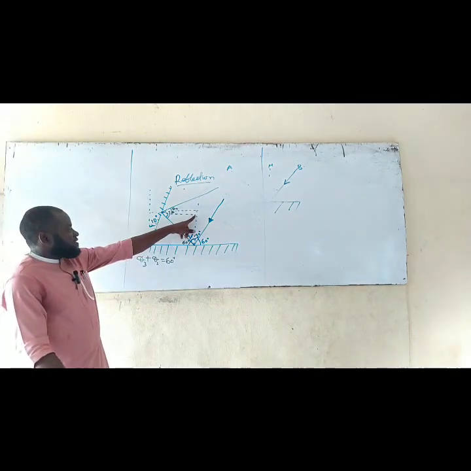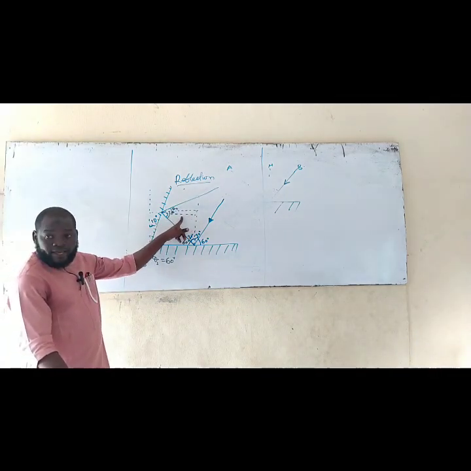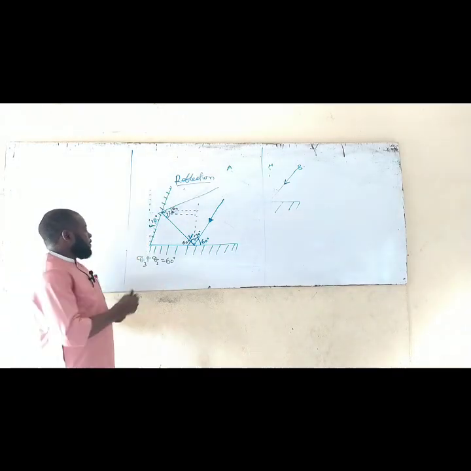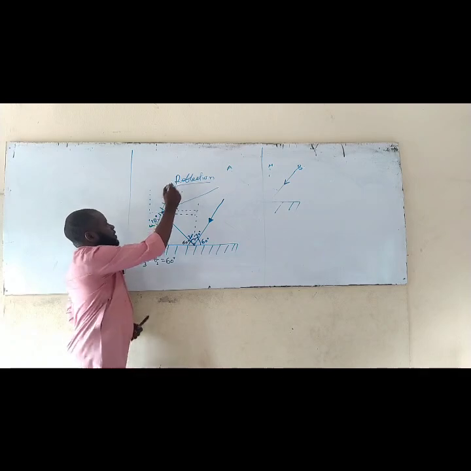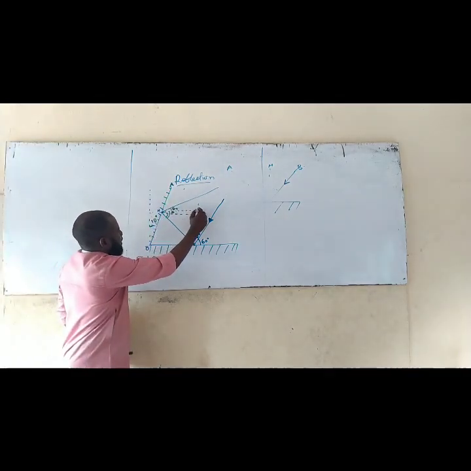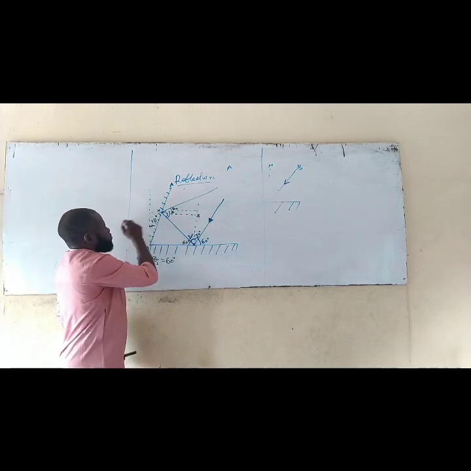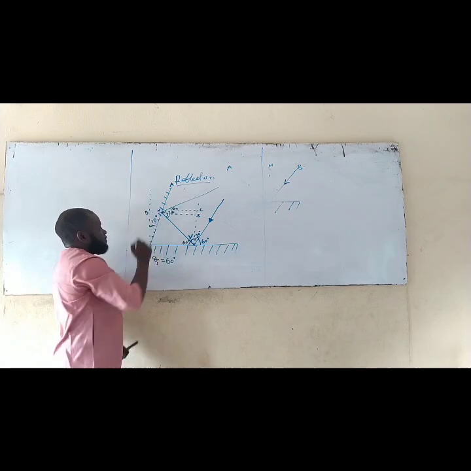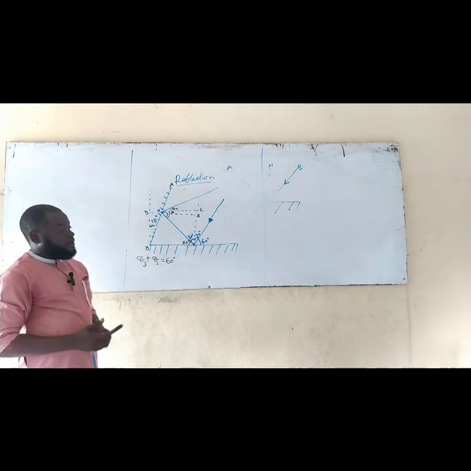Look again. This blue line here is perpendicular to this one here. Let me label. Let me call this one OA. Are you seeing it now? Let me call this one NB, and call this one C, and call this one D. I just leave that anyhow so that you get what I'm saying.